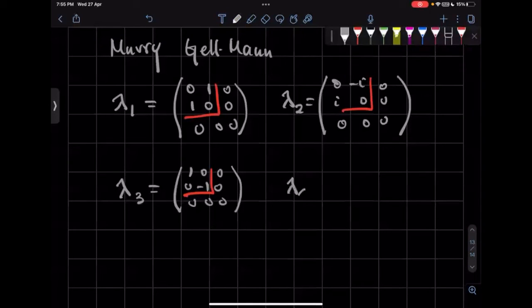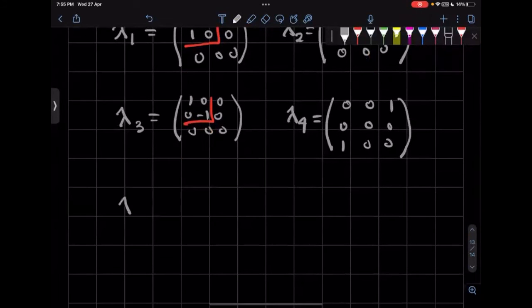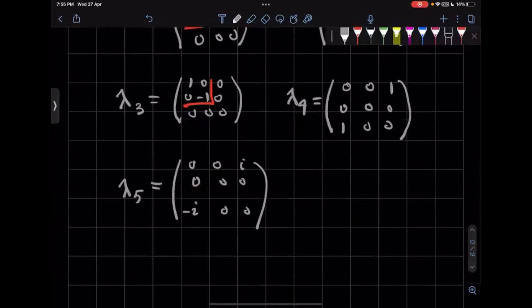Then we have lambda 4, which has a 1. There are actually more than one SU2 subalgebra, but we won't go into that. Of course, they all have to be traceless and Hermitian. Lambda 5 is just the 1 replaced by i and minus i. Then lambda 6 is this one.